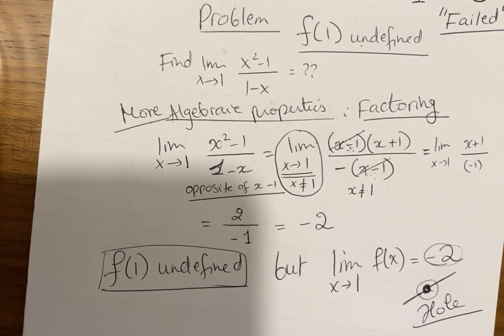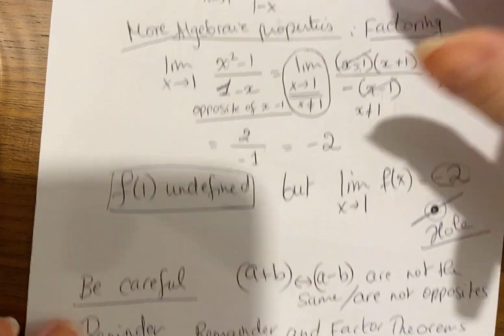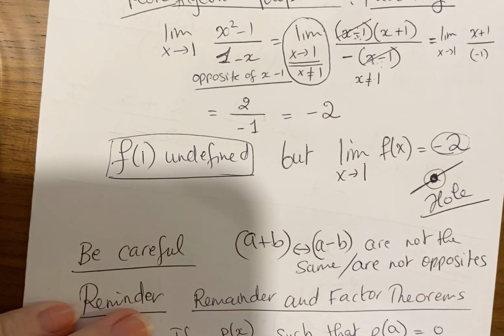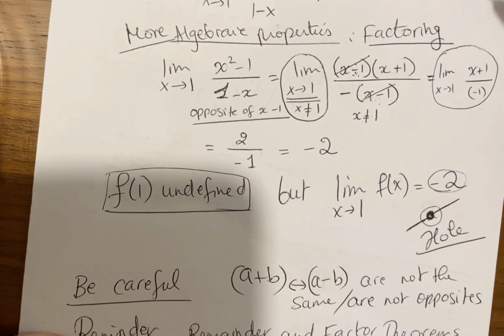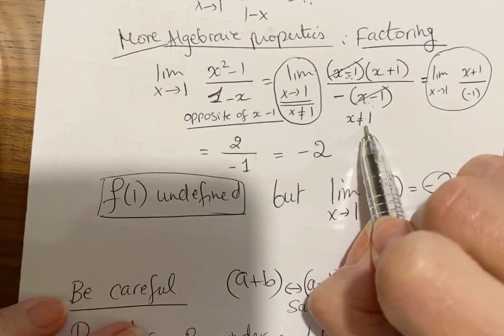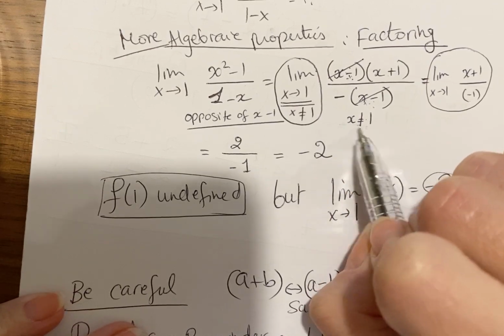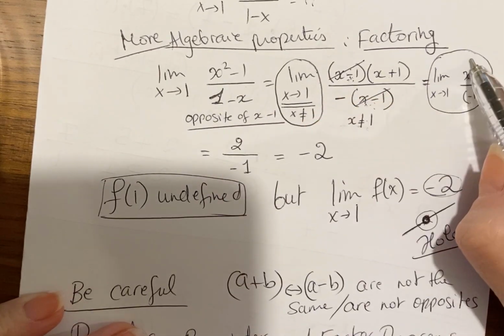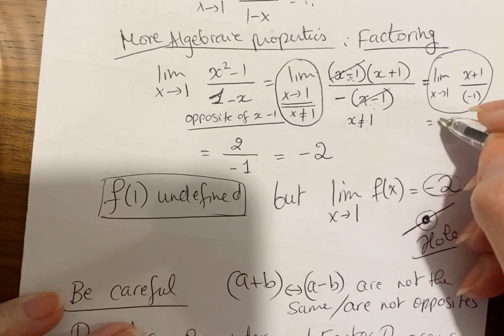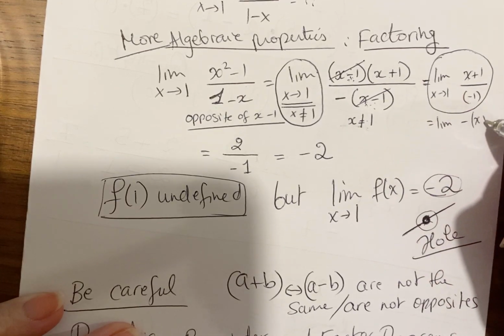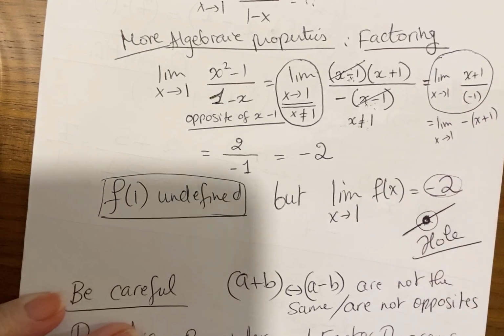And actually, if I show you the graph of this function that we just did, what helps me know what the graph of that function is, is the simplification that I did over here. For all values except 1, the original function is the same as the straight line minus x plus 1. It's the same.